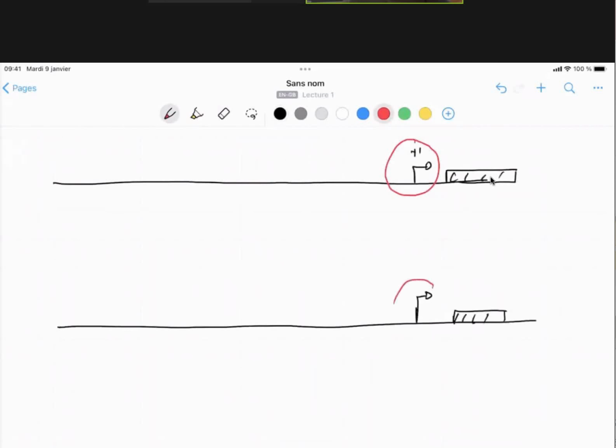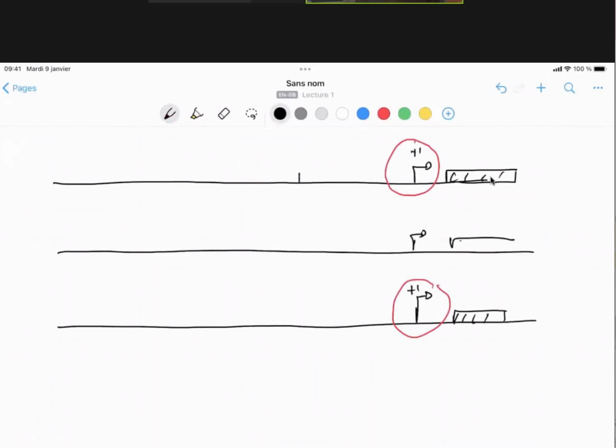The peak is exactly at the same place. Okay. And this is the +1. We can have, no, sorry, I'm going to draw you 3 situations. So exactly the same.